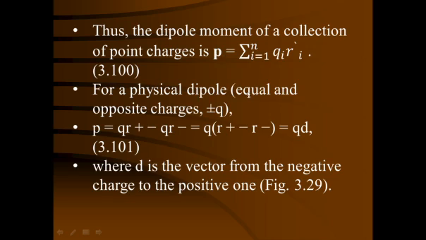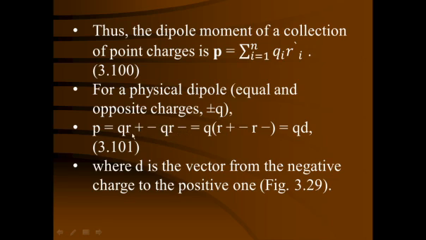For a physical dipole, equal and opposite charges plus q and minus q, we only think about the two charges plus q and minus q in some coordinate system x, y, z. We will see that figure. Then the position vector of the charge plus q is going to be r plus from the origin, and the position vector of the charge minus q is going to be r minus.